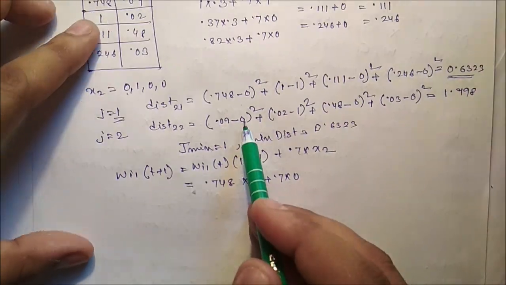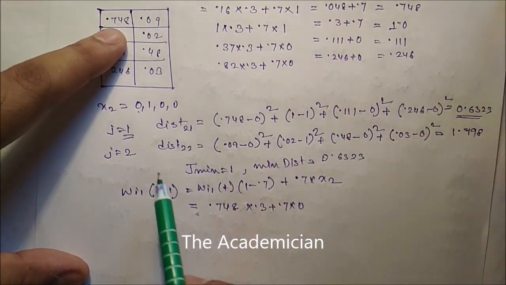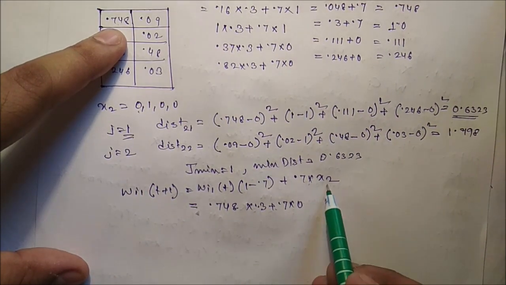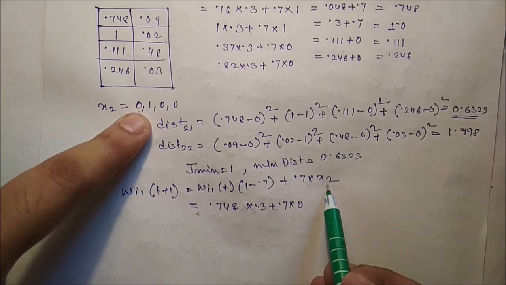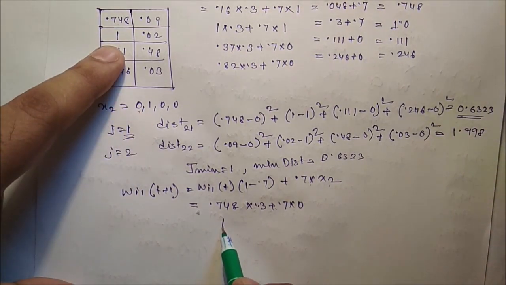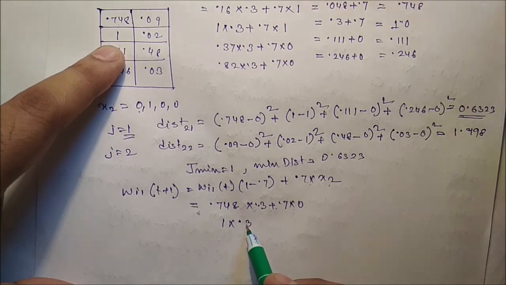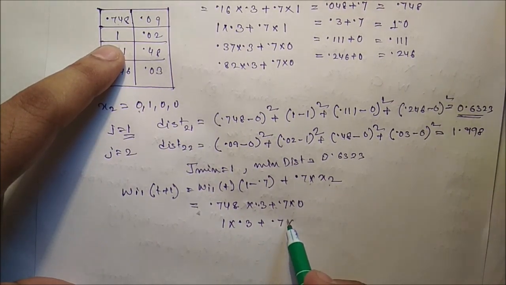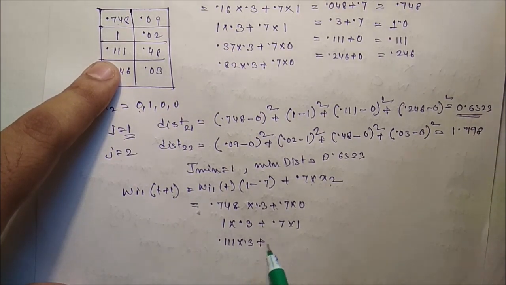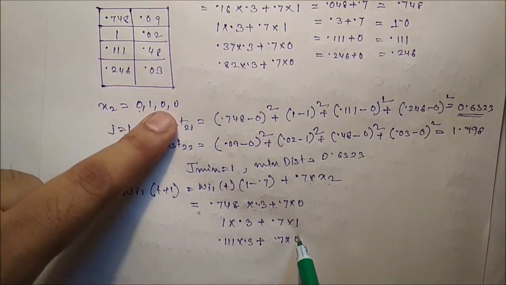Okay, so 0.748 into 0.3 plus 0.7 into x2. X2 is what? It is 0. Similarly, the next is what? 1 into 0.3 plus 0.7 into 1. Next 0.111 into 0.3 plus 0.7 into 0.